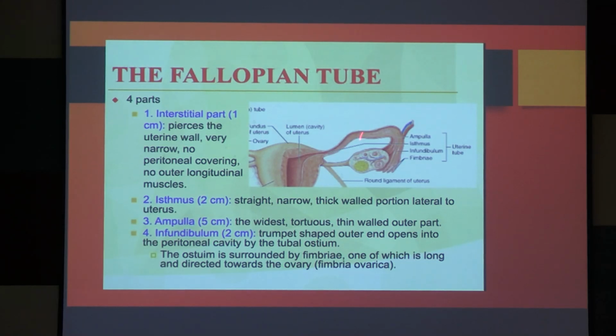Through this isthmus, because this area is more or less the same caliber. So if we want to go for reanastomosis following cutting the tube, the caliber is the same, and it is easy to do anastomosis. The ampulla is where usually fertilization takes place. That is about the fallopian tube.